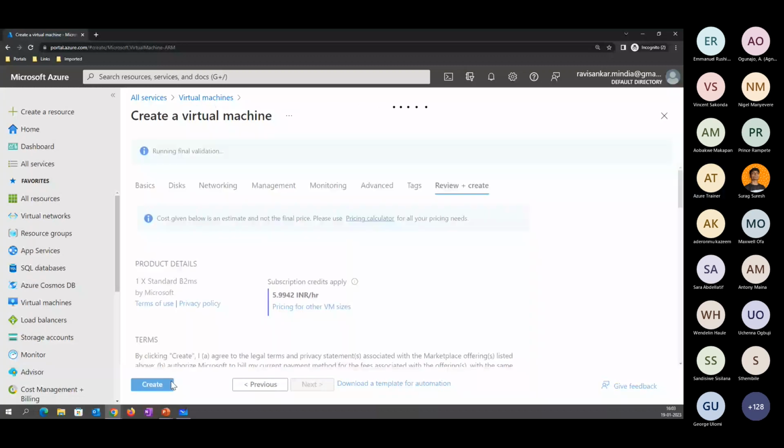Let's create it here. We enabled a VM creation here, so we need to wait. Right now you can see deployment is being initiated here. So let's wait for that.